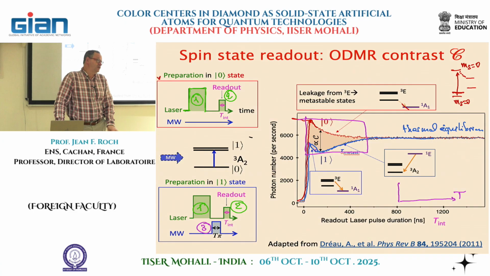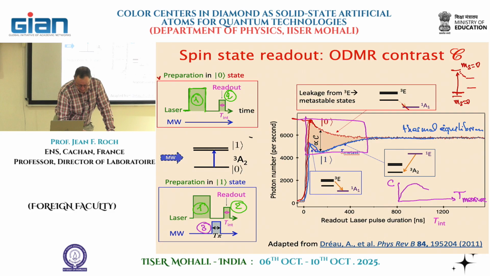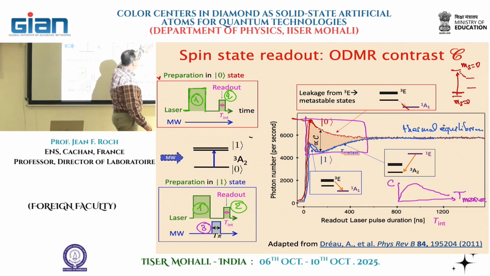And if I change the time of measurement for the spin determination, as a function of the contrast between the two things, I will have something like that. At the beginning you have no information, then it increases, there's a kind of optimum, and after a while, if you integrate too long, you mostly see the thermal equilibrium and it comes back to 0.